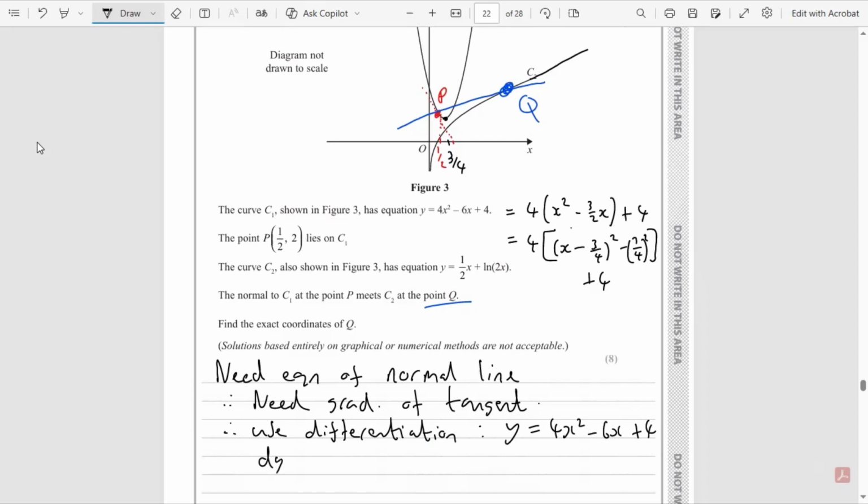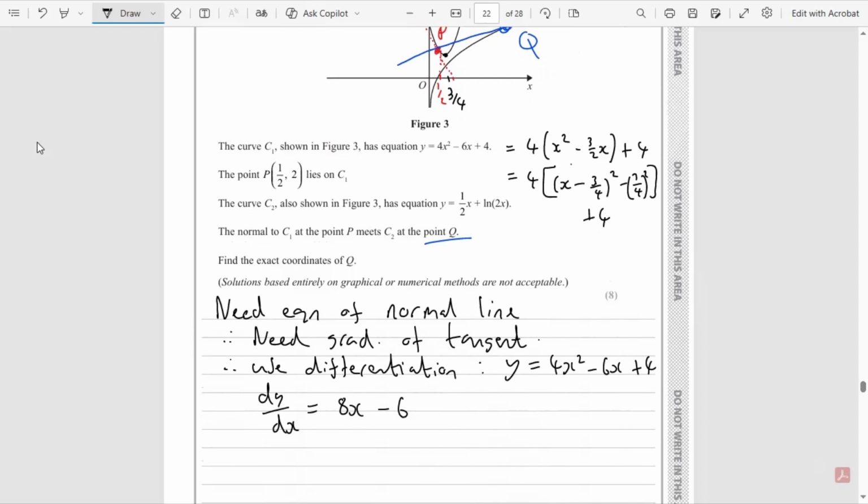If we differentiate this using our differentiation method, this will give us 8x minus 6. Now that's the gradient function. We want the gradient specifically at point P. So therefore, for the gradient at P, we're just going to sub in x equals 1/2.